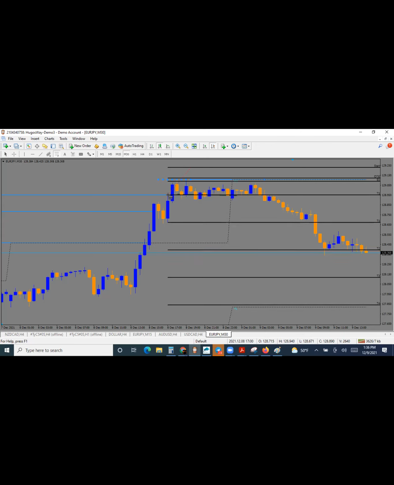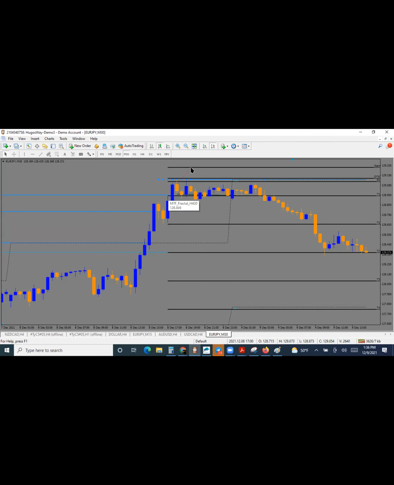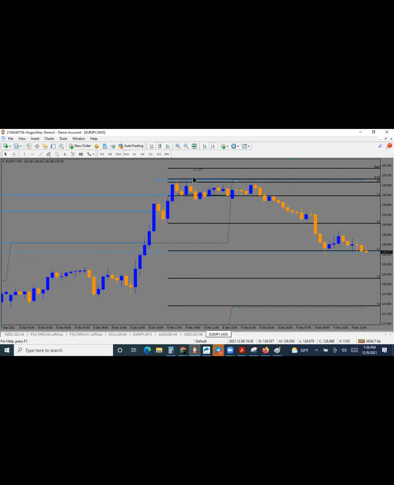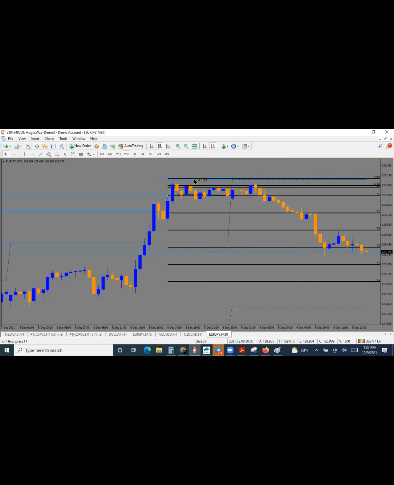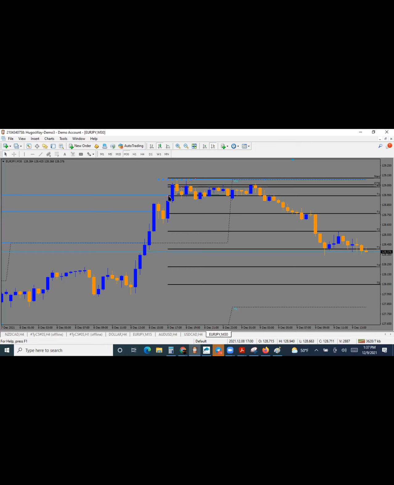I have my AQZ fibs, and I fib that candle. You can give 1 or 2 room for maybe spread or whatever. This has done 1:3 and is going to 1:4. So I'm risking 10 bucks to make 40 bucks, 50 bucks, 60 bucks. That is how to trade low risk.